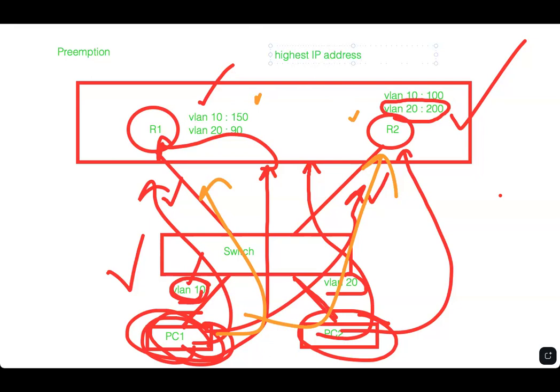Okay, so let's see how GLBP works. Just like HSRP or VRRP, we will create a virtual gateway for the host.